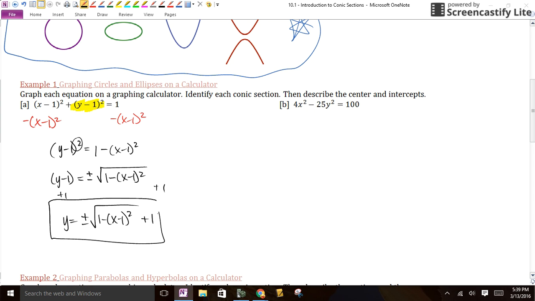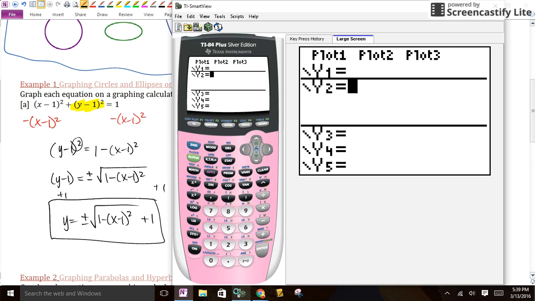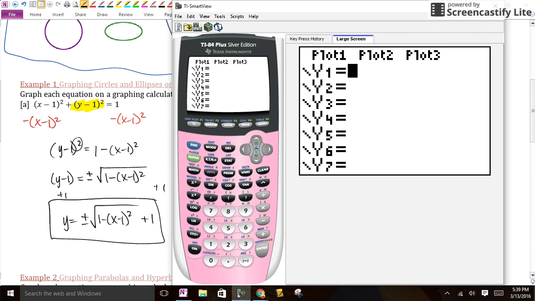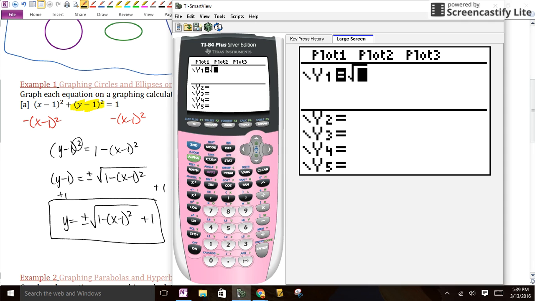That is what we will put in our graphing calculator. Now, because of the plus or minus, we're going to have to do it twice. So first, let's do the plus version. I'm going to go square root of 1 minus parenthesis x minus 1 squared, and then outside the square root put plus 1.